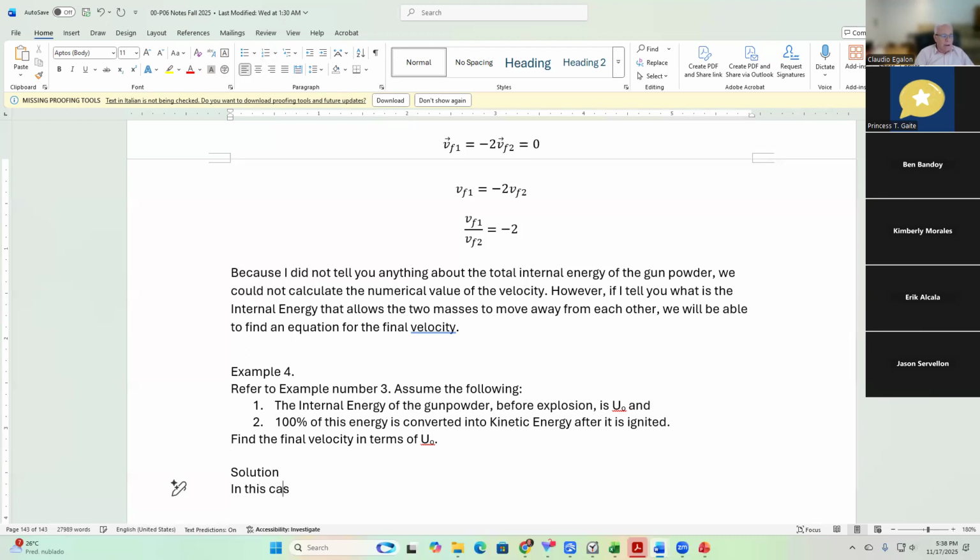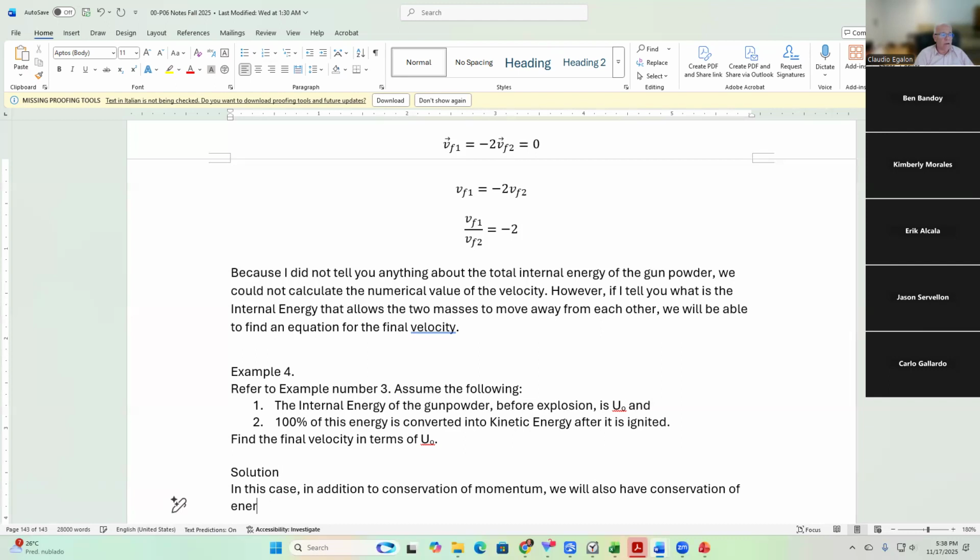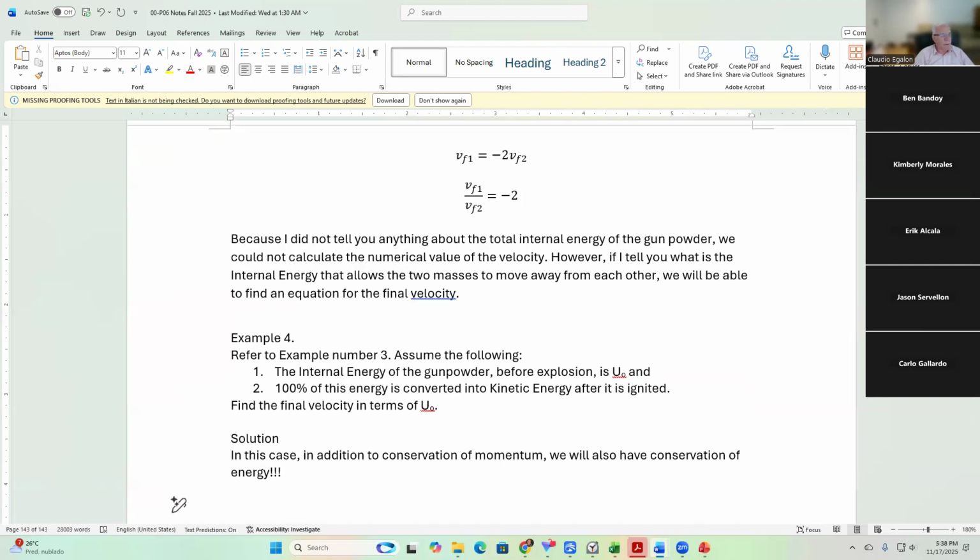In this case, in addition to conservation of momentum, we will also have conservation of energy. That's how we solve this problem.